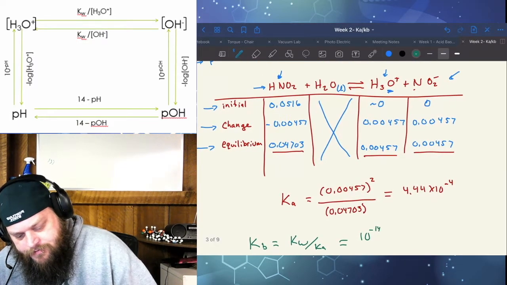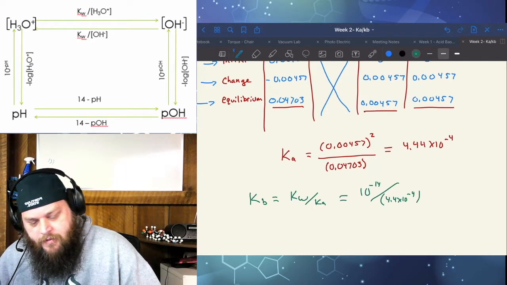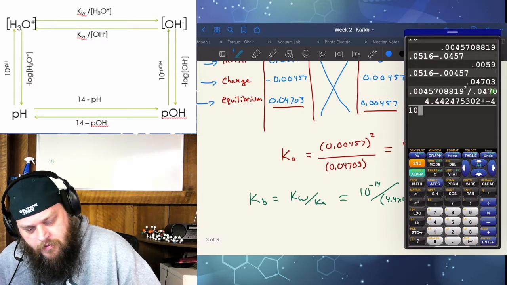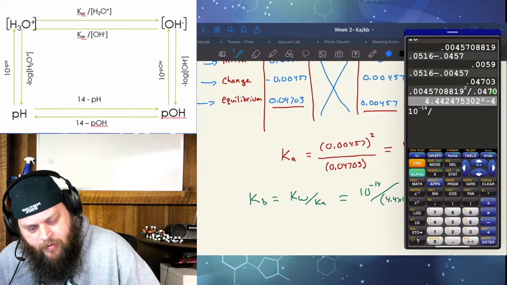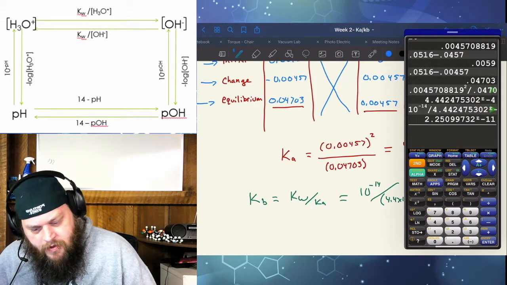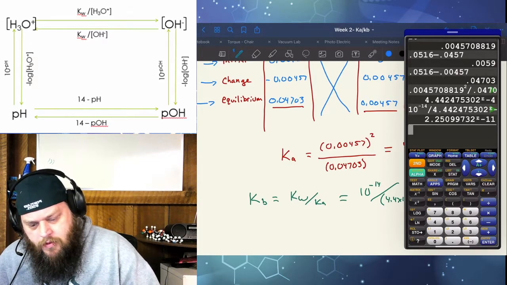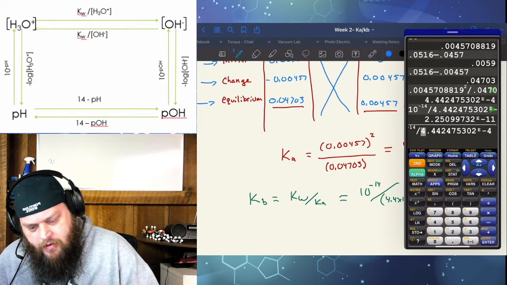And we're going to divide it by our 4.4 times 10 to the negative 4th. Put parentheses around there. 10 to the power negative 14 divided by my previous answer. Something's wrong there.